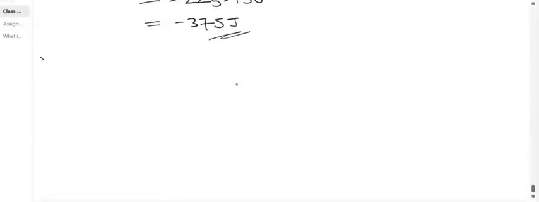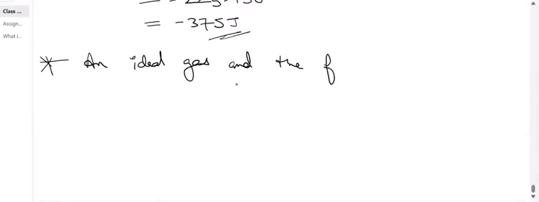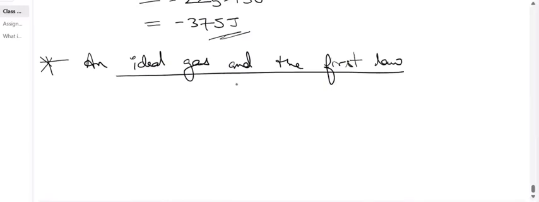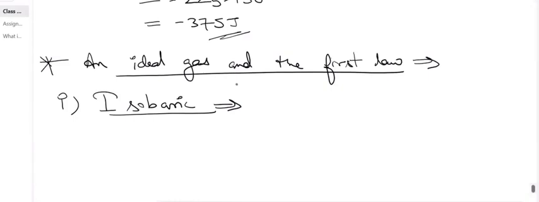Okay. Now let's come to the next pointer, and that is an ideal gas and the first law, like a comparison. So basically we have PV diagrams which help us to visualize that there are some changes which take place at constant pressure, which is known as isobaric.